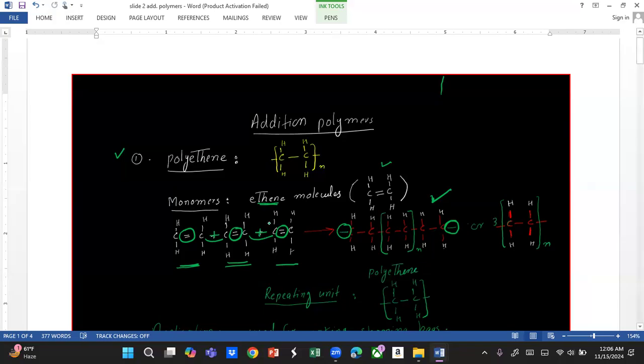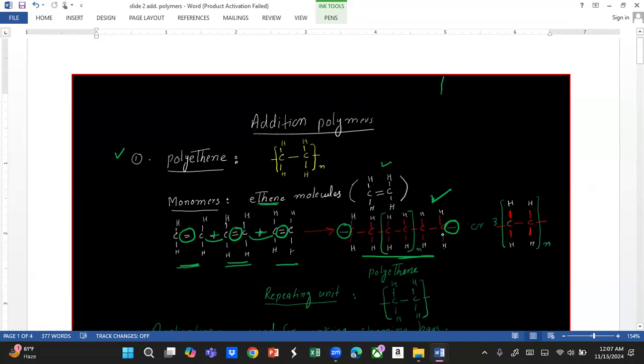Here is a very important question in the examination which is being asked. Sometimes this polymer is given to you, and they can ask you to mark the repeating unit. This is how the repeating unit has been marked in front of you, and we will put the n sign behind this as a subscript.